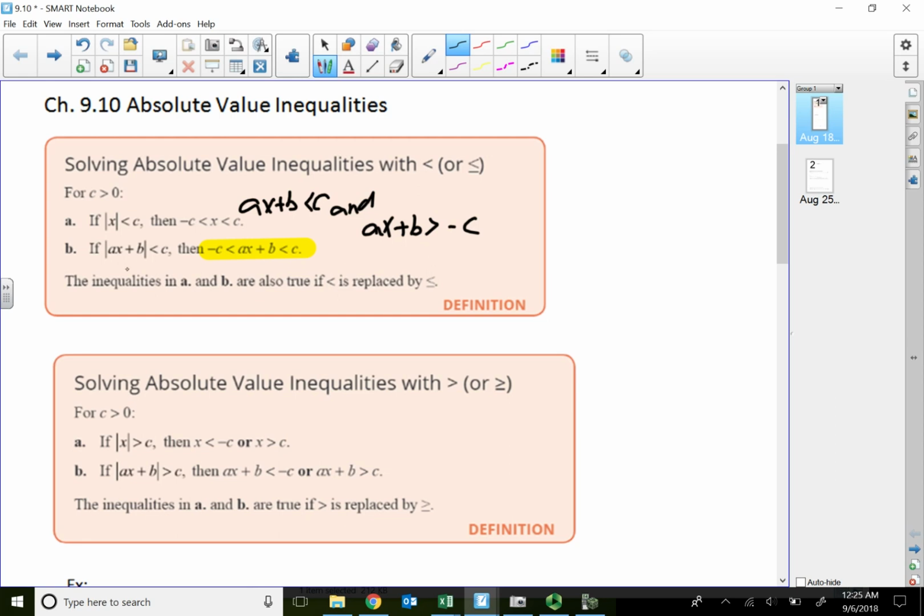Once I isolate my absolute value, I'm going to set up two equations.